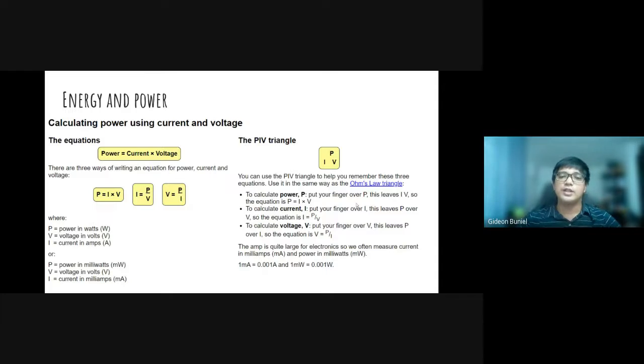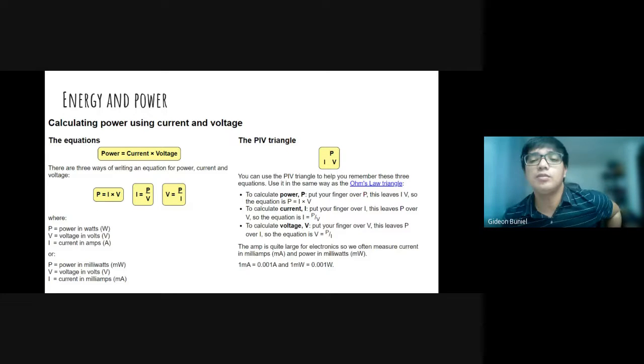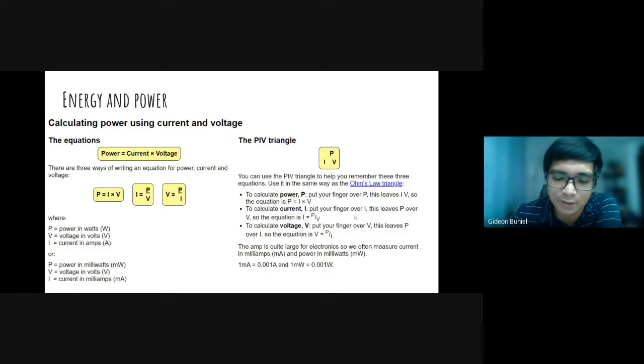So the equation is P is equal to I times V. To calculate the current, put your finger over I. This leaves P over V. So the equation is I is equal to P over V. You just have to remember what we have done for Ohm's law. Imagine this is a triangle, then we divide it here and here, so you can actually get the formula now.